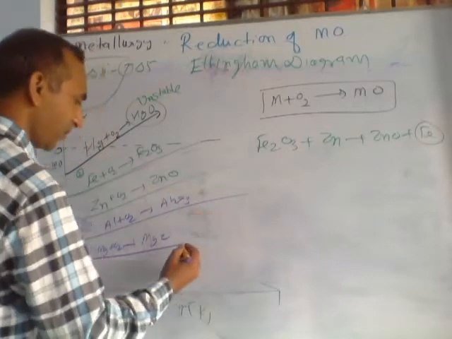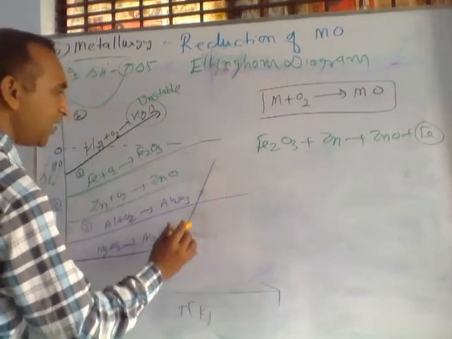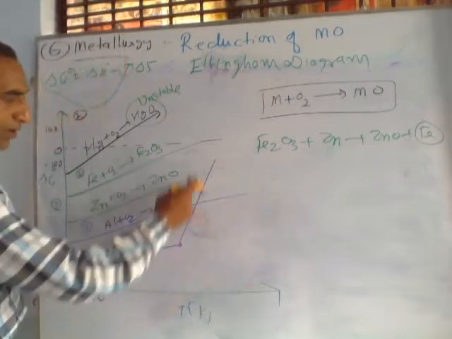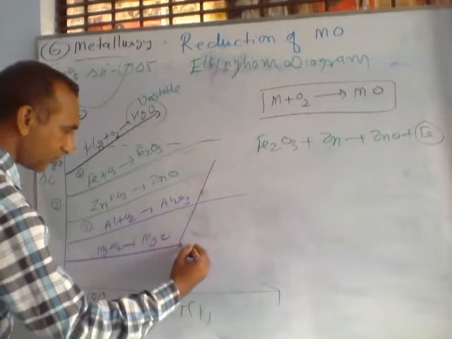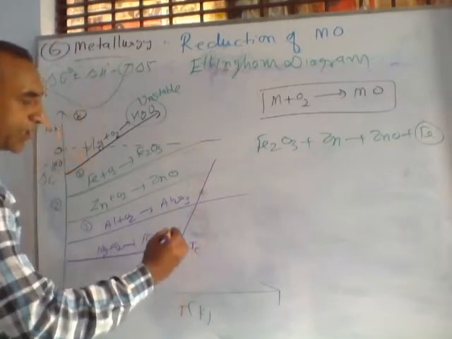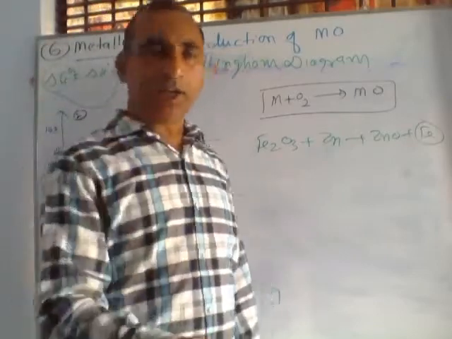After some time, in the graph there is a sudden change. The graph goes suddenly upward. This sudden change is called the critical temperature (TC). Here critical temperature means the state of the metal changes on heating.